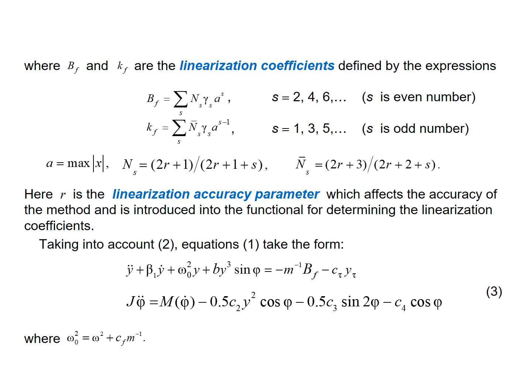Here is the linearization accuracy parameter, which affects the accuracy of the method and is introduced into the functional for determining the linearization coefficients. Taking this into account, equations 1 take the form.